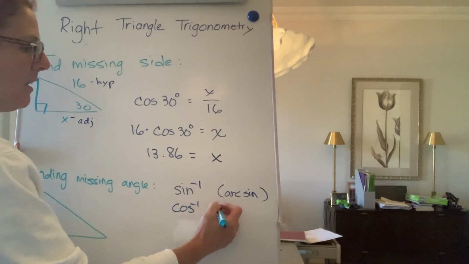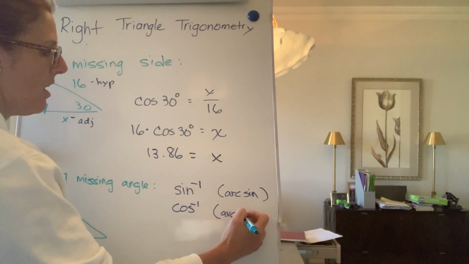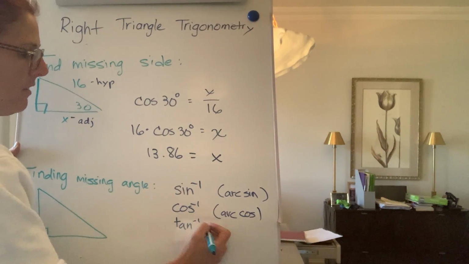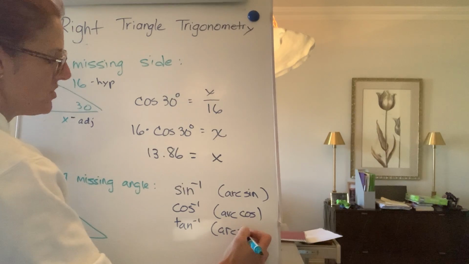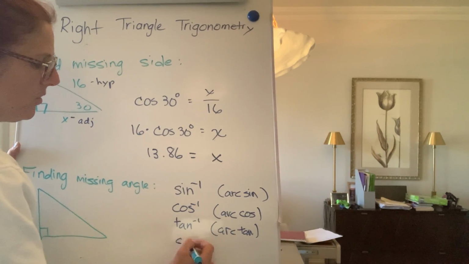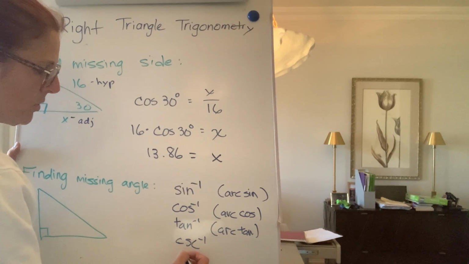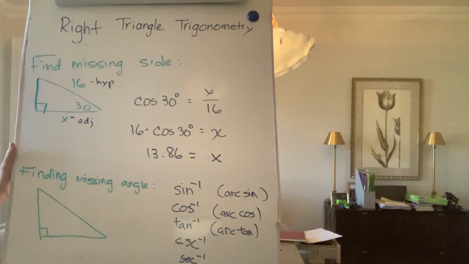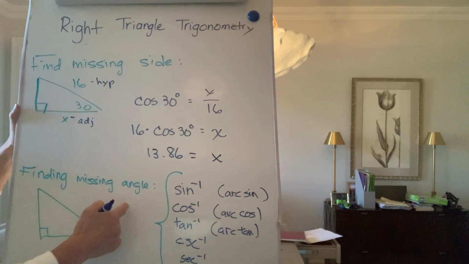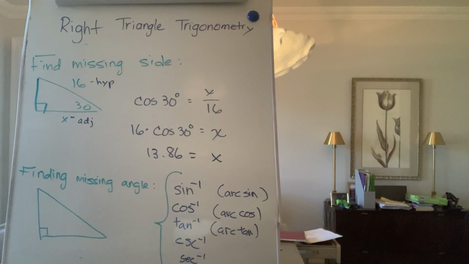The cosine of -1, which is arc cosine. The tangent of -1, which is arc tangent. And then you can do the same thing for your reciprocal ones. Okay, so you use these when you're trying to find a missing angle and you know the sides.